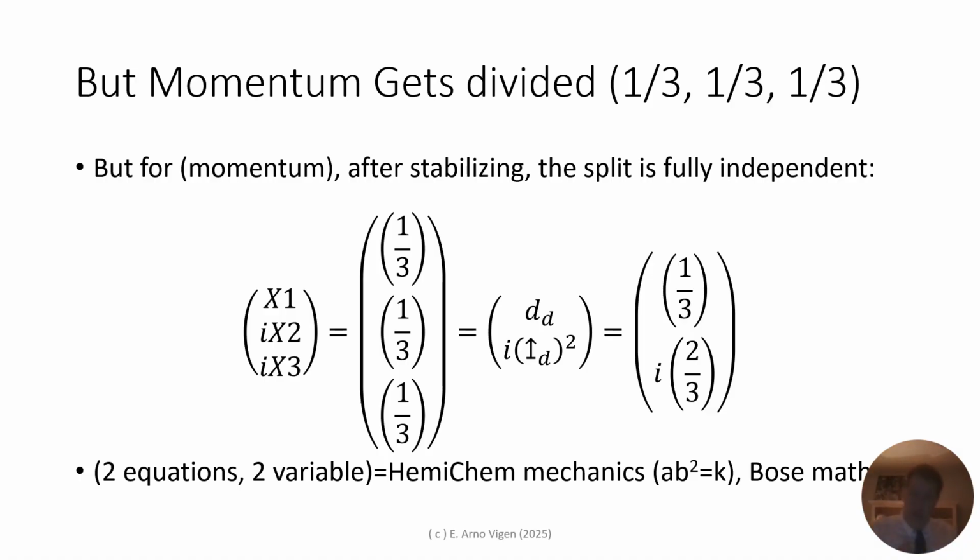And so now with the prior side, which is the multiplication of them for the coupling of this system, and the energy split as a sum, you end up with 2 equations and 2 variables. And thereby in HemiChem mechanics, we can solve 2 equations and get the Bose map. Let's see how that's done.